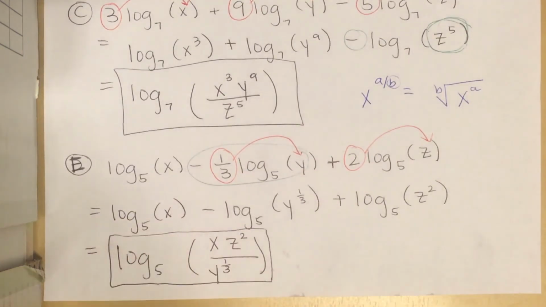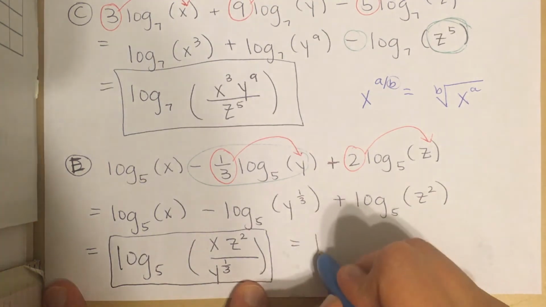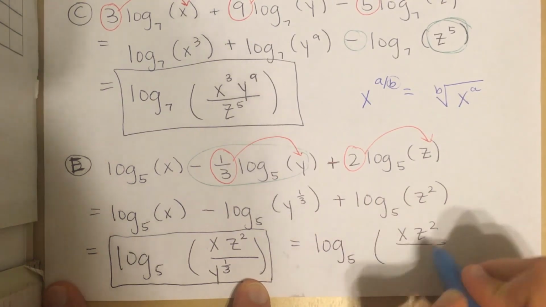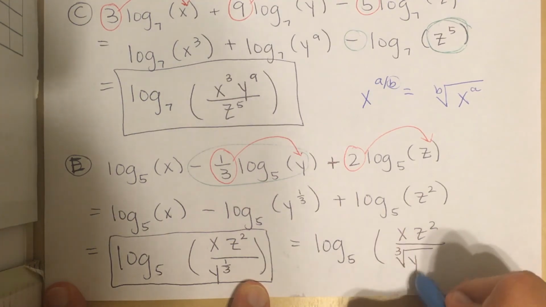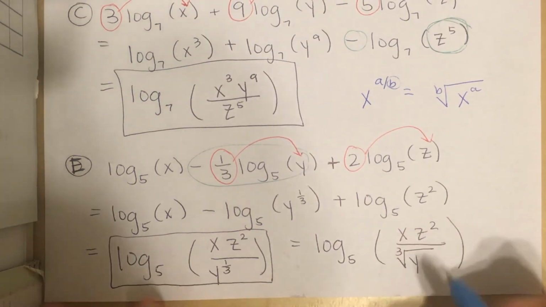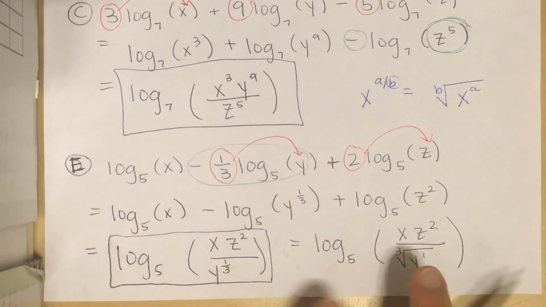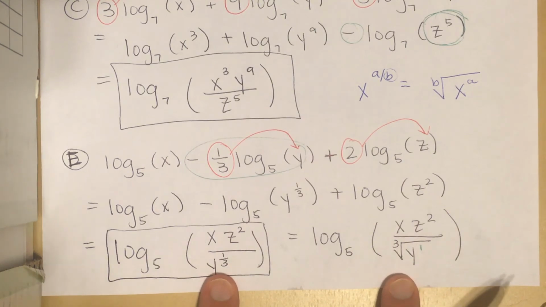So your homework allows this to be your answer, which means I will allow that on your test as well. But just know that generally you would rewrite this, instead of to the 1/3 power, as the cubed root. You can have a 1 there if you want. So this one is usually considered more correct, but they're both correct according to your homework.